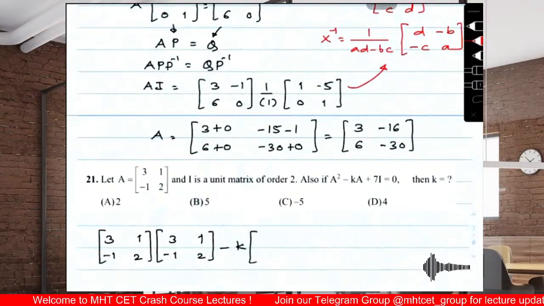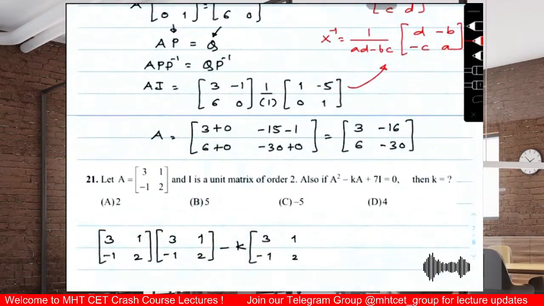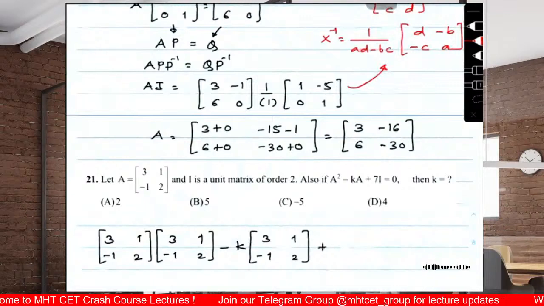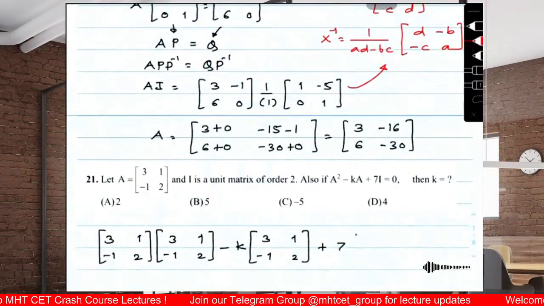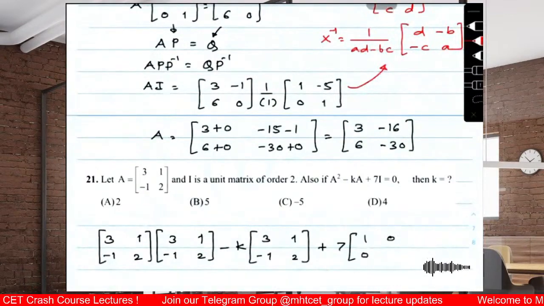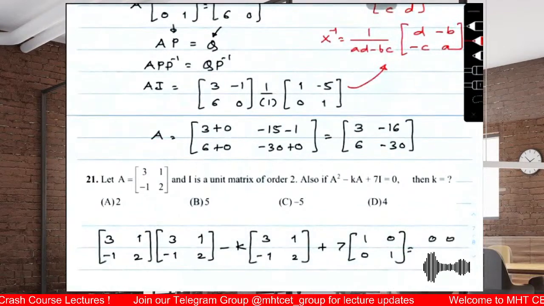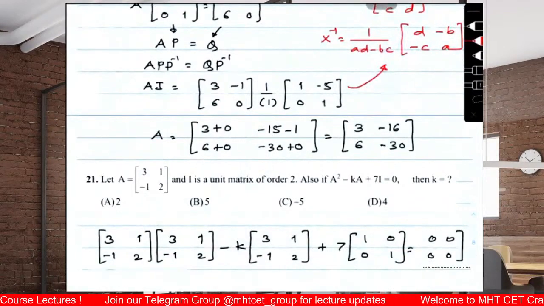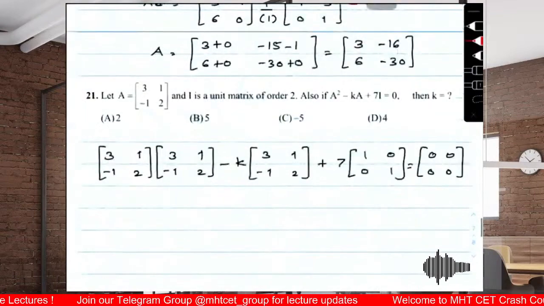So minus K into [3, 1; -1, 2] plus 7 into I, which is 7 into [1, 0; 0, 1], is equal to the zero matrix [0, 0; 0, 0]. No need to find all elements.